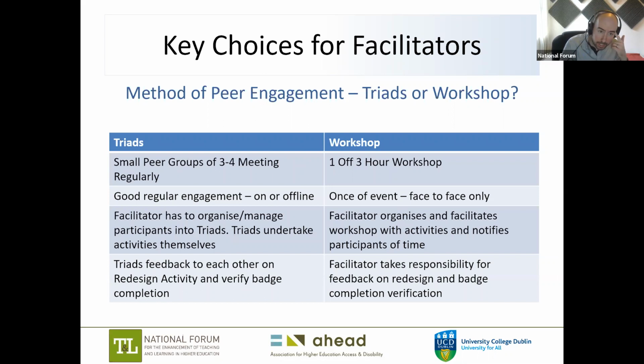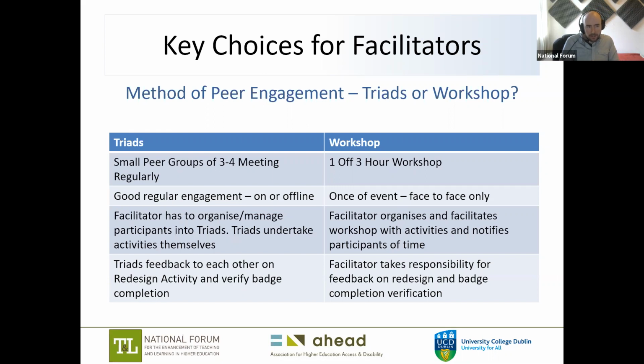The other really key choice that facilitators have to make is whether to use the triad method for peer engagement or the workshop method. One of the key criteria of the badge is that you engage with your peers to deepen your understanding of UDL. All of you have been participating in this course, which is using the peer triad method.